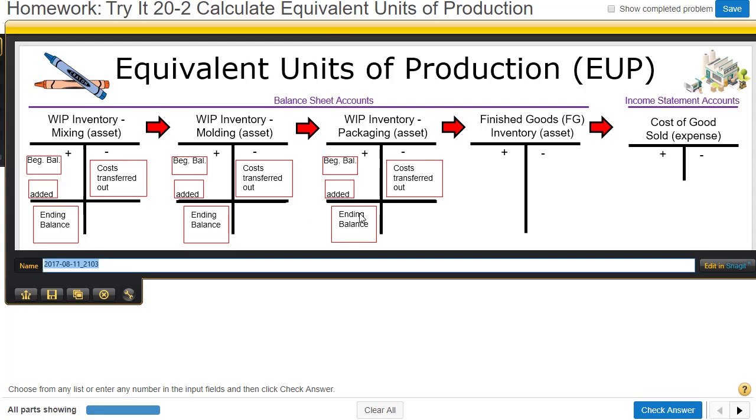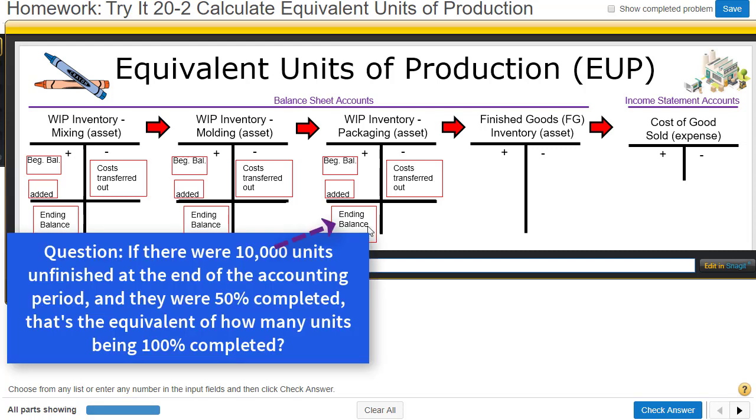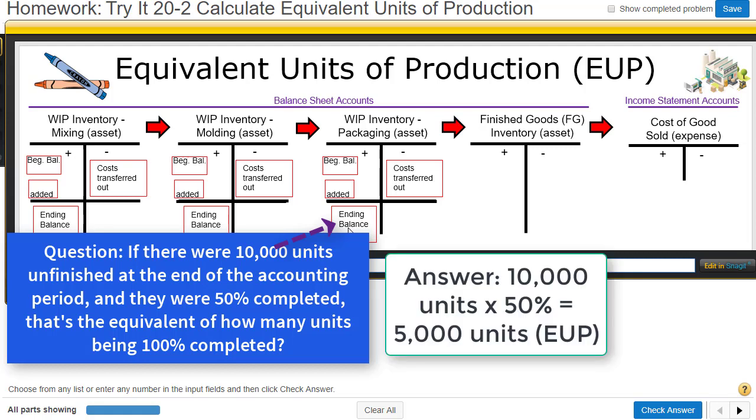For example, if we had 10,000 units still in process at the end of the period in this department, and let's say they were 50% finished. So that means that's the equivalent of 5,000 units being 100% finished. So that's what we're doing here now.